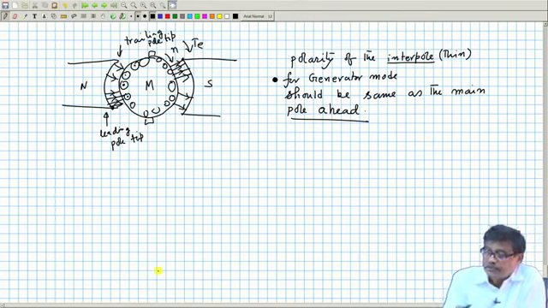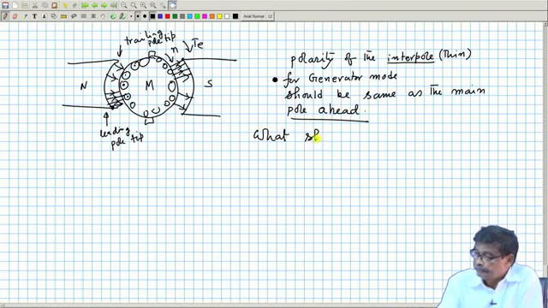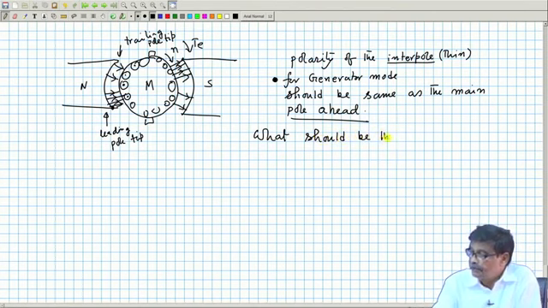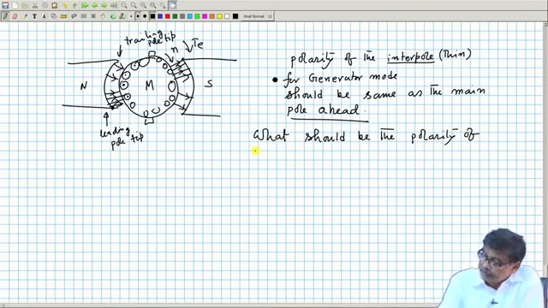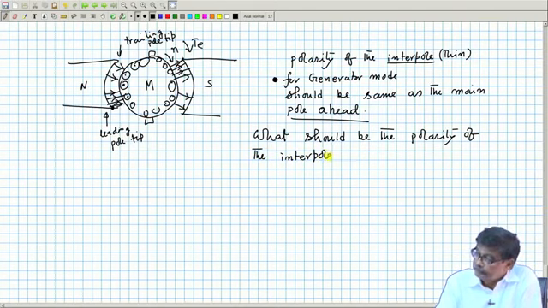Now, what if it is a motor? That is the question. What should be the polarity of the interpole for motor mode?